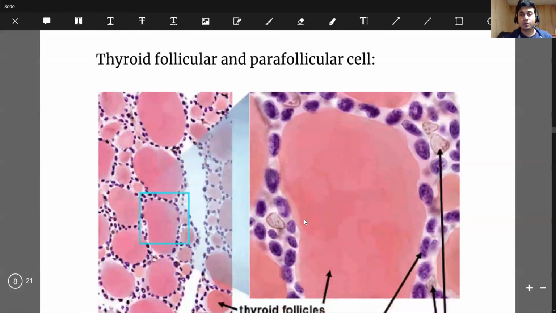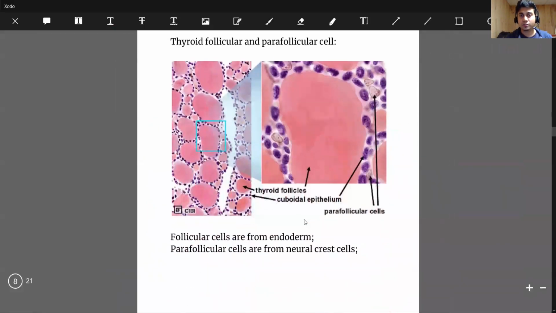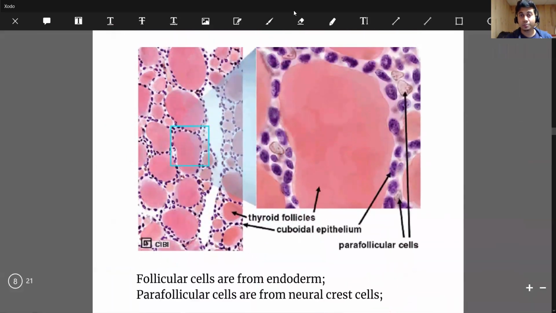All right, now this is the histological picture of the thyroid follicular and parafollicular cells. The thyroid follicular cells are derived from endoderm, and the thyroid parafollicular cells are derived from neural crest cells. As you can see, this is a histological picture of your thyroid, and this is a zoomed-in picture.